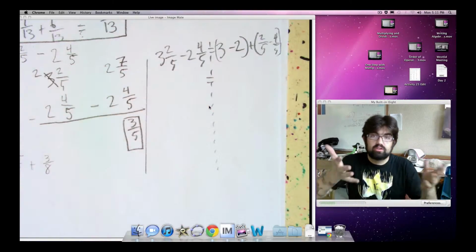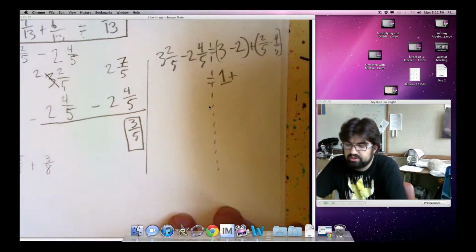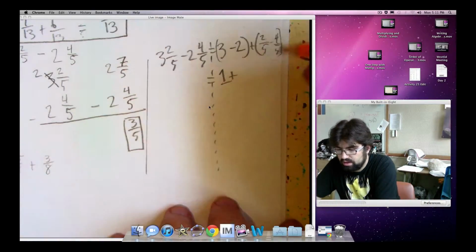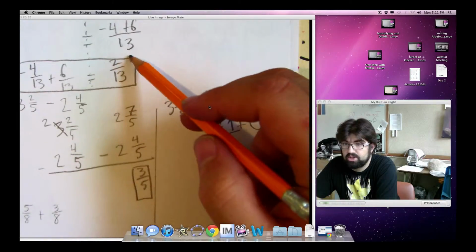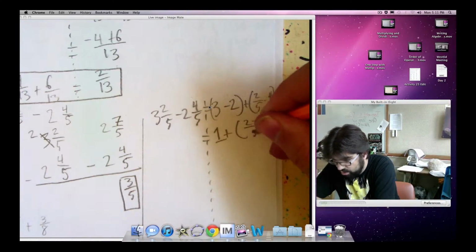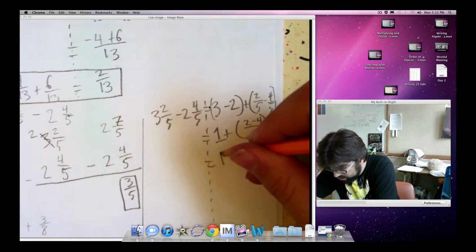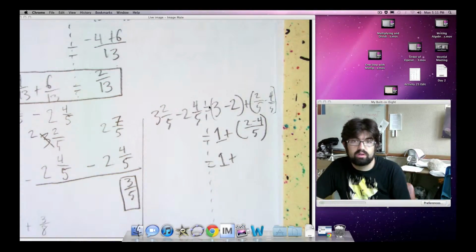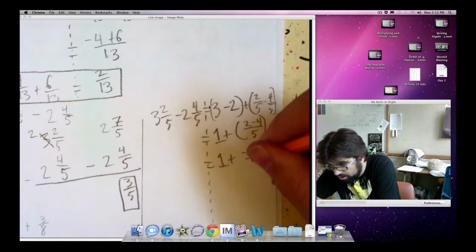Three minus 2 is 1. I'm just subtracting the whole numbers. Plus, well, I have 2/5 and 4/5. I'm going to change it just like I did up here. I'm going to change it to look like 2 minus 4 divided by 5 over one denominator. Okay, is equal to, well, here we go, 2 minus 4. If I have $2 and I lose $4, really I've lost $2 over 5.